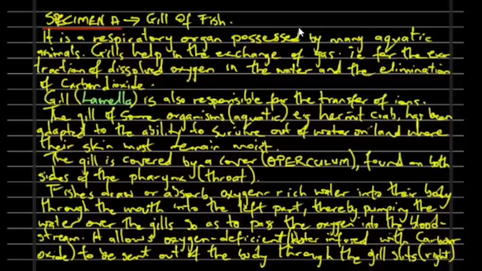That is then sent out of the gills through the operculum, and it allows oxygen deficient water infused with carbon dioxide to be sent out of the body through the gill slits on the right part. So basically that is what we need to talk about looking at specimen A, which is the gill of the fish. Let us quickly see some pictures so we'll be able to drive home our points.